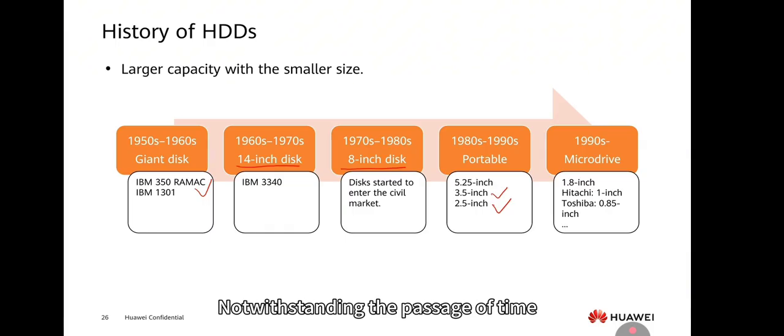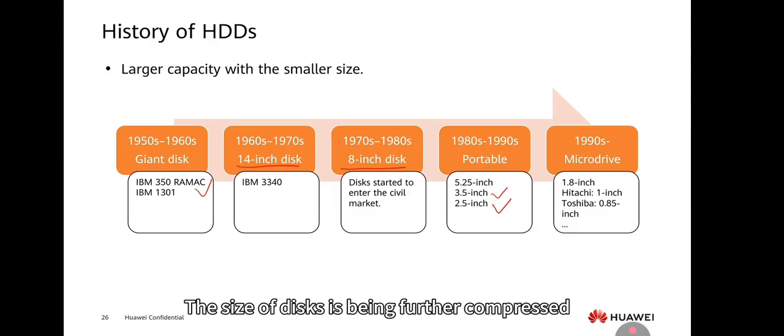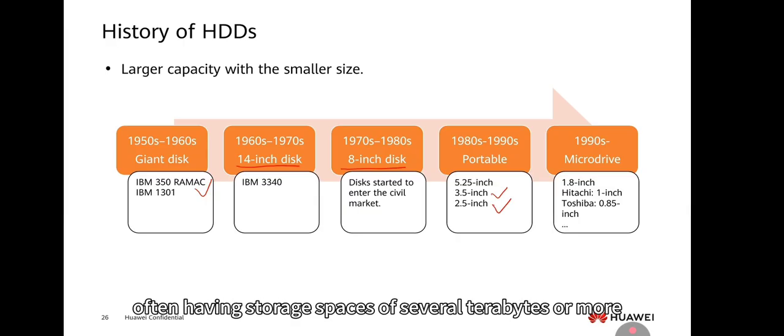Notwithstanding the passage of time, HDDs have not ceased their technological advancements. The size of disks is being further compressed and their capacity is constantly increasing, with HDDs in production environments often having storage spaces of several terabytes or more.